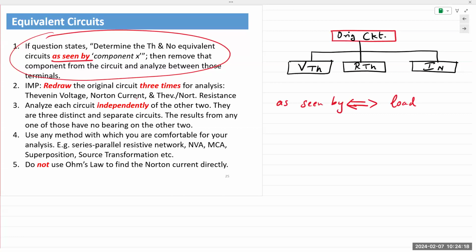Load or also any of these, excuse me, any of these three phrases mean exactly the same thing.